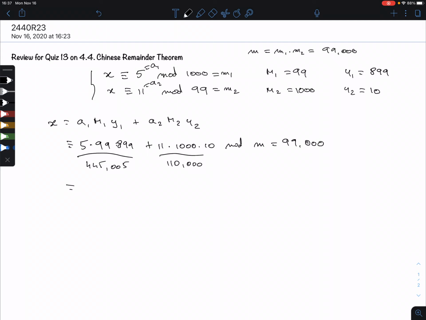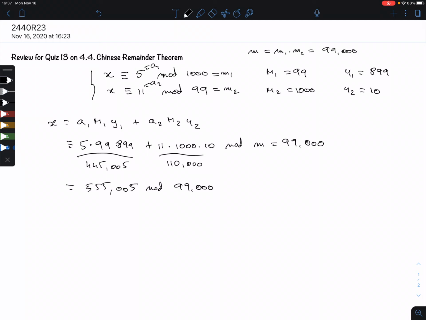Okay, so the whole thing is 555,005, and now we have to do this mod 99,000. That looks tremendous, big numbers, but just not. There are a lot of zeros here, so let's quickly fill out what that is.